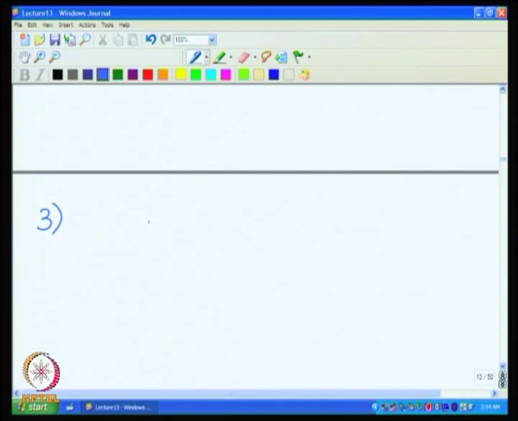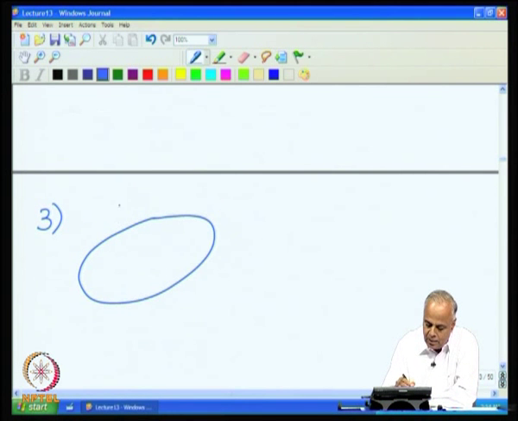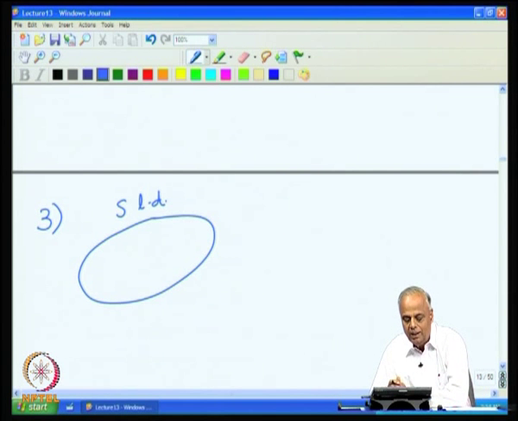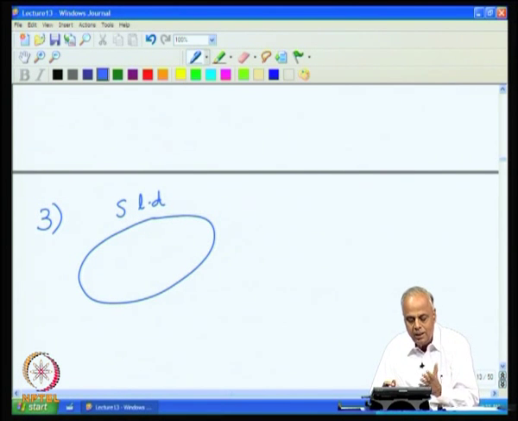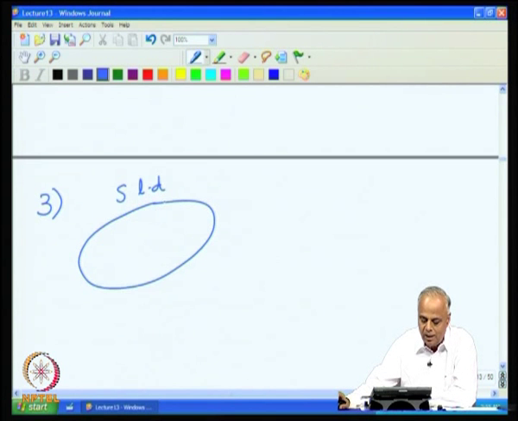Now, let us look at a linearly dependent set. Suppose I have a linearly dependent set S. What does that mean? A set is linearly dependent means there will be a finite subset which is linearly dependent, because if every finite subset was linearly independent, then the set S would have become linearly independent.